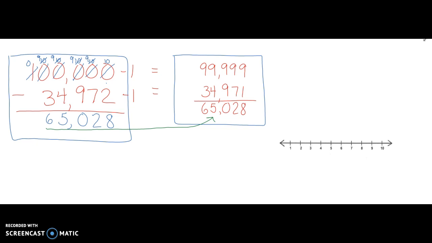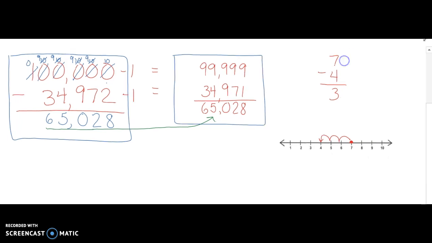So let's say we're going to start with something like 7 minus 4. Now we all know this is 3, but let's look at it on the number line. Here's 7. And we want to go back to 4. There are 3 spaces between 7 and 4. That's what we know already.